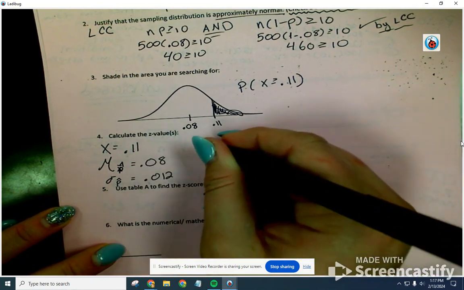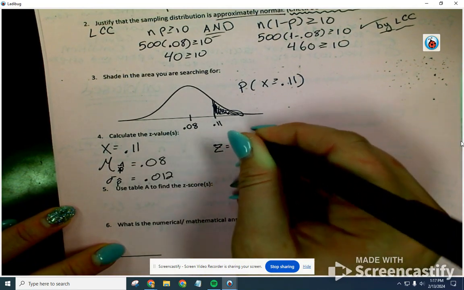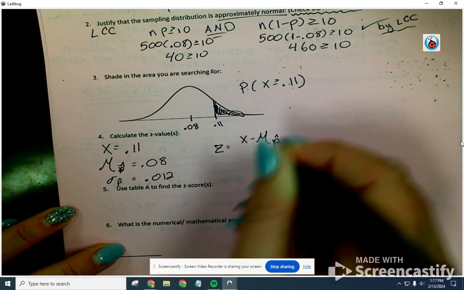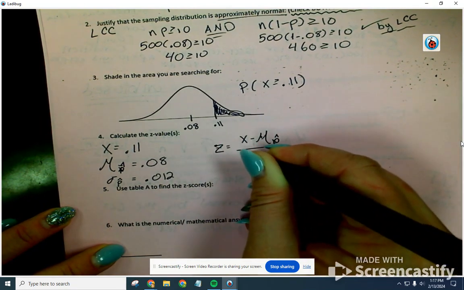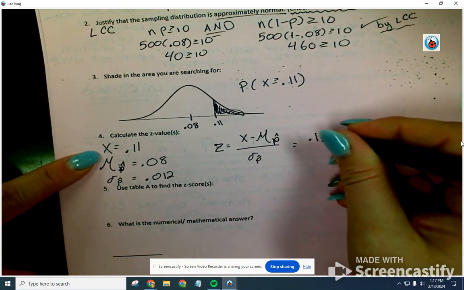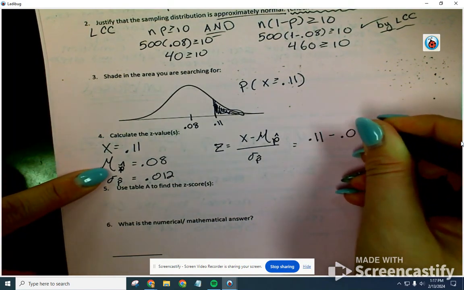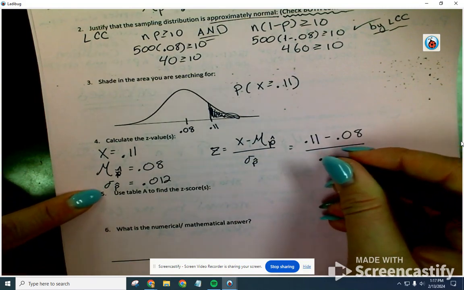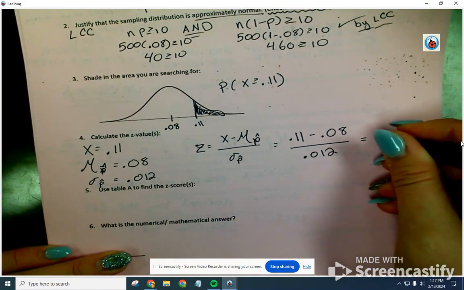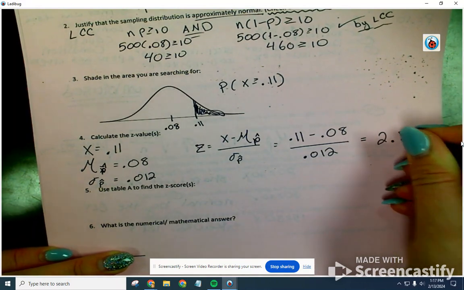So I'm going to do z equals x minus the mean, divided by the standard deviation. So this is going to be 0.11 minus 0.08, all divided by 0.012. If we were to solve that out, you would get 2.5.